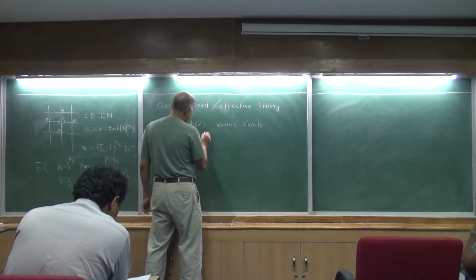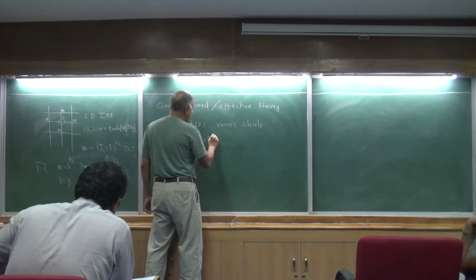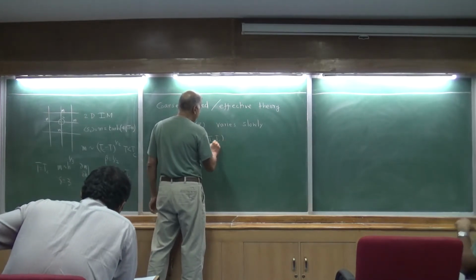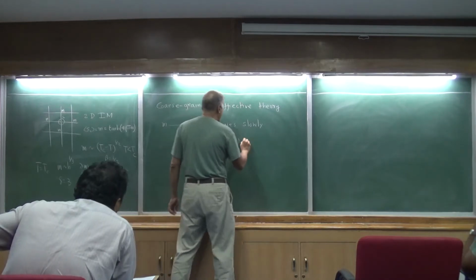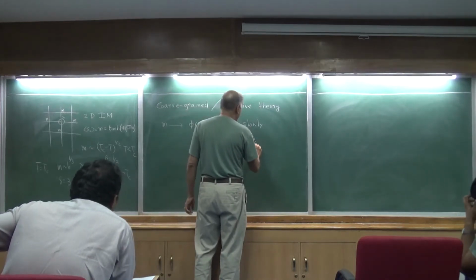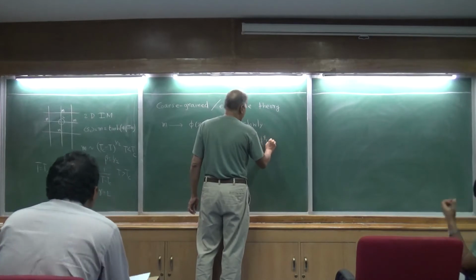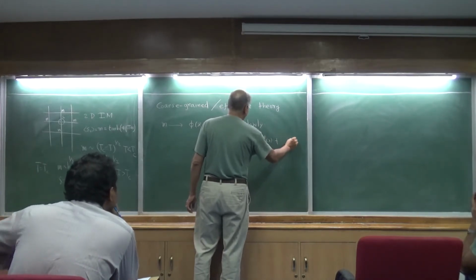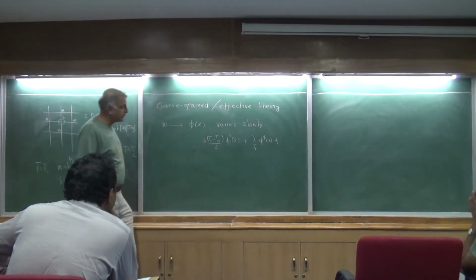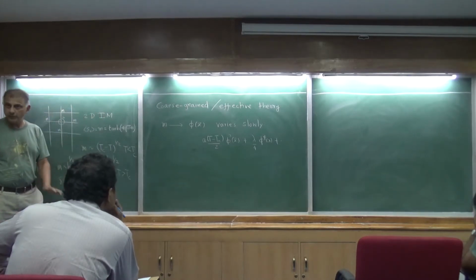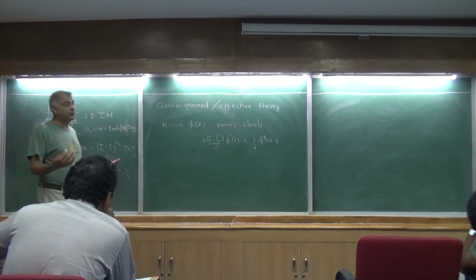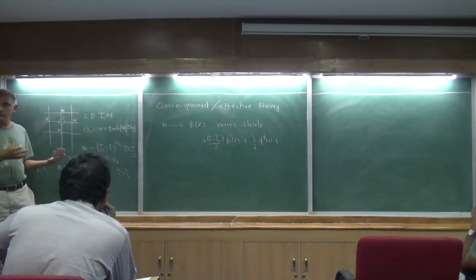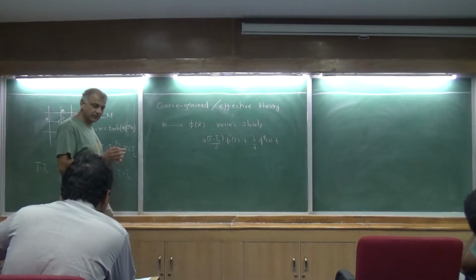Therefore, I can write something that looks like a times (T minus Tc)/2 phi squared of x plus some lambda over 4 phi to the 4 of x. I can write down some dot dot dot here, but near the critical point, that will not matter, at least as far as mean field theory is concerned. Maybe when we go beyond mean field theory, we'll realize that we have to include those. But actually, as it happens, we won't.